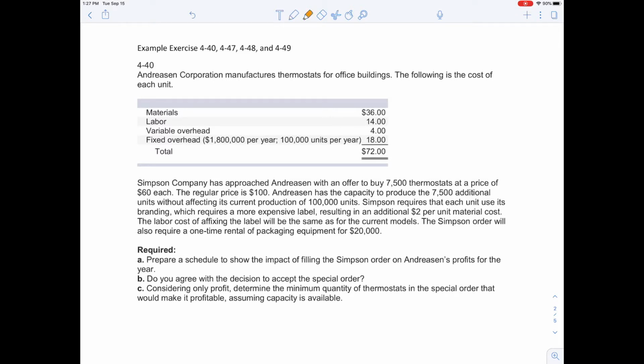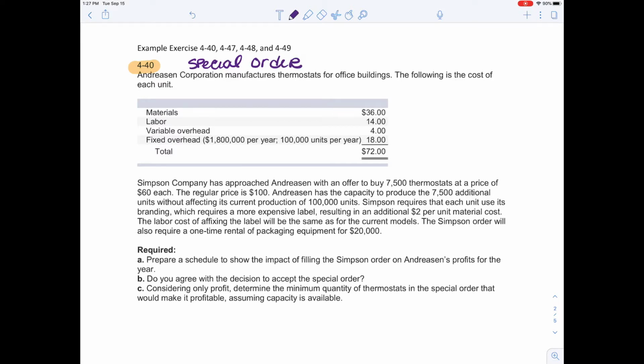So in this first example, this is 4-40 in your book. We're looking at a special order situation. So we might want to note that in your notes so that if you need to come back and look at this, you know this one is a special order example.